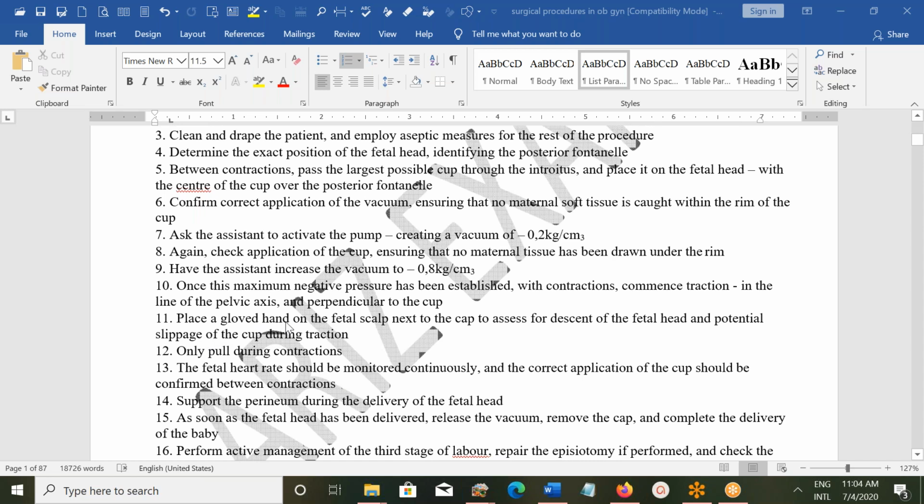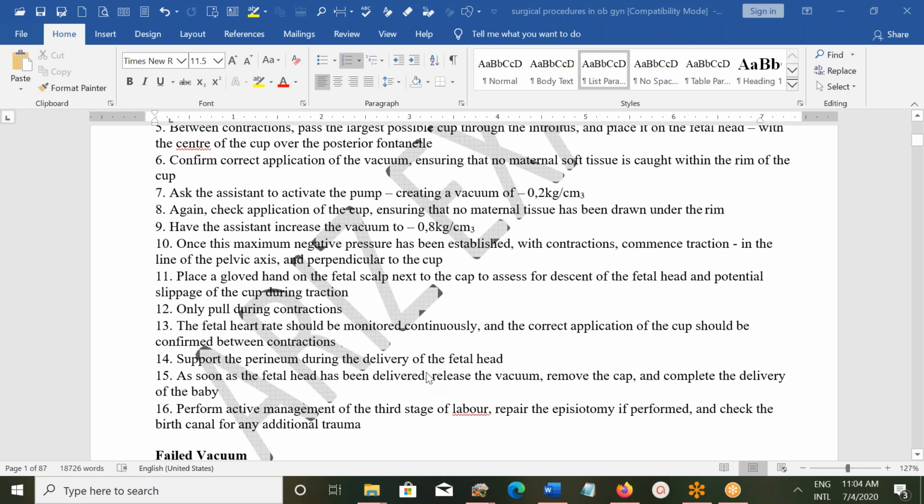Place the gloved hand on the fetal scalp next to the cup to assess for descent of the fetal head and potential slippage of the cup during traction. Only pull during contractions. The fetal heart rate should be monitored continuously and the correct application of the cup should be confirmed between contractions.